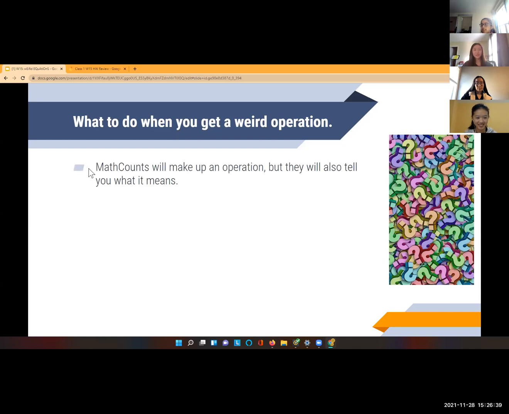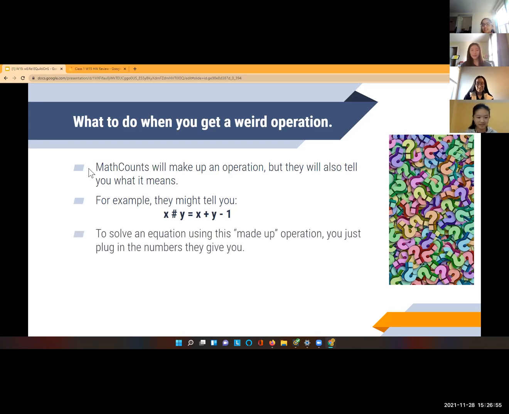Okay, so what do you do when you get a weird operation? Like I said, they'll tell you what it means. For example, they might tell you that X hashtag Y is X plus Y minus 1. To use this made up operation, you just have to plug in the numbers they give you.